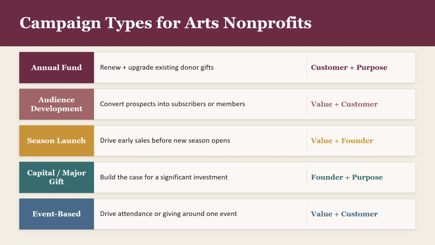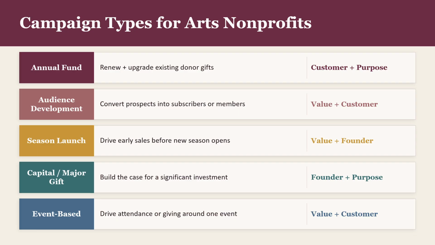Annual fund campaigns need to activate existing donors. The emotional work is about belonging, which is a customer story, and meaning, which is a purpose story. Audience development campaigns need to convert people who've had a first experience but haven't committed and show them the transformation, value story, and the social proof that others like them have made the leap.